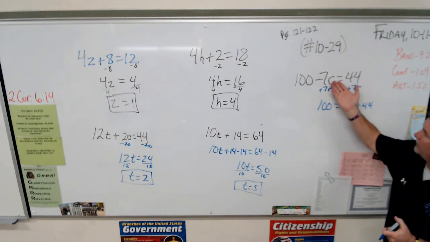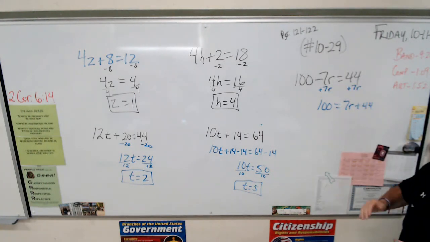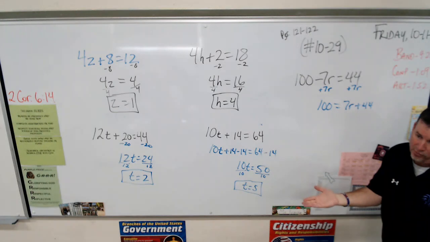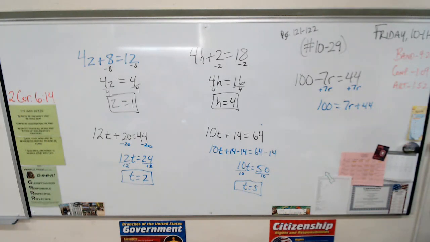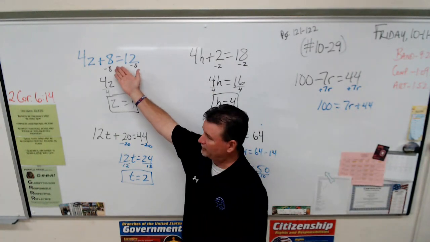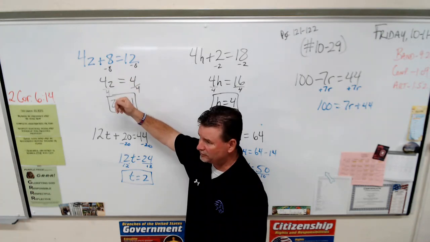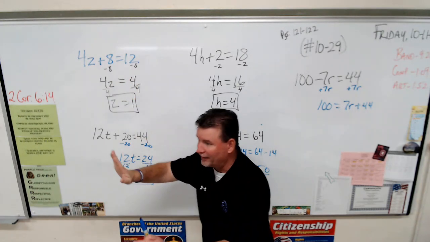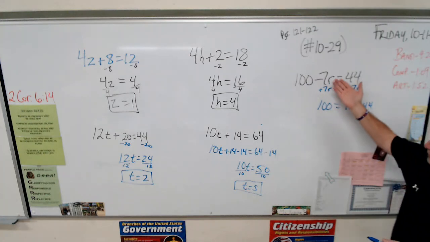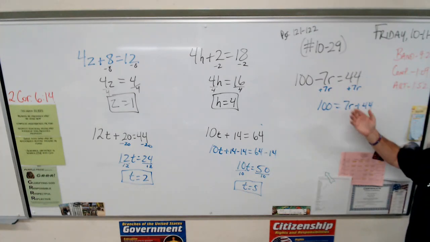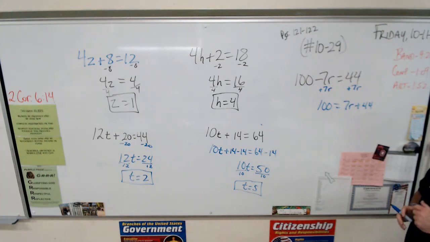If I have 7r and a negative 7r, they undo each other. There's 0 now. Does this make sense? 8 minus 8 leaves you with nothing, and positive 7r and negative 7r leave you with nothing.